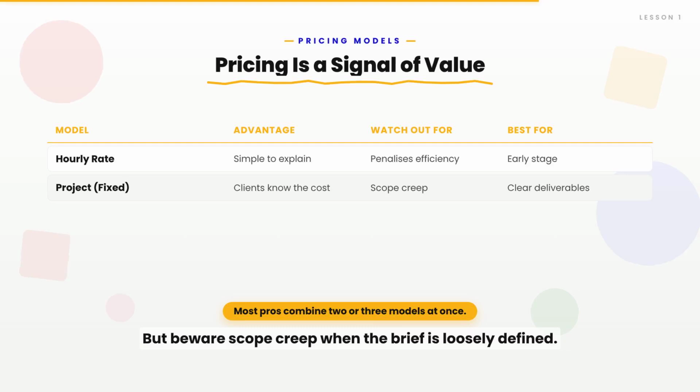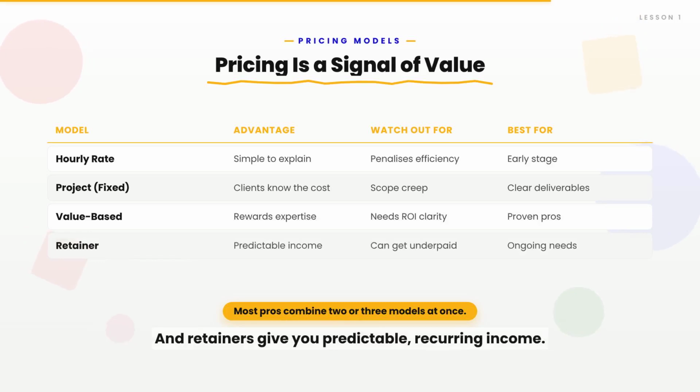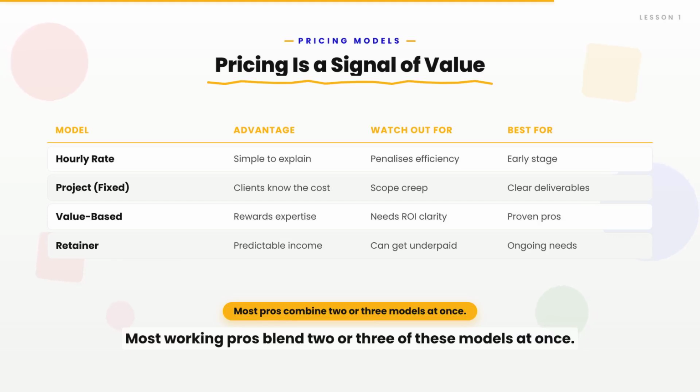But beware scope creep when the brief is loosely defined. Value-based pricing rewards your expertise and your results. It's for proven professionals who can speak to a client's return. And retainers give you predictable, recurring income. Most working pros blend 2 or 3 of these models at once.